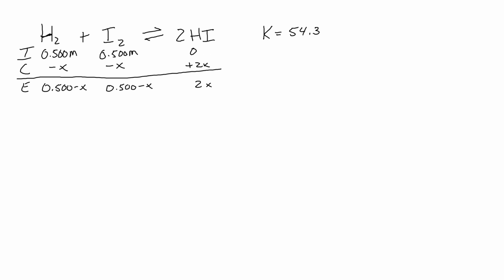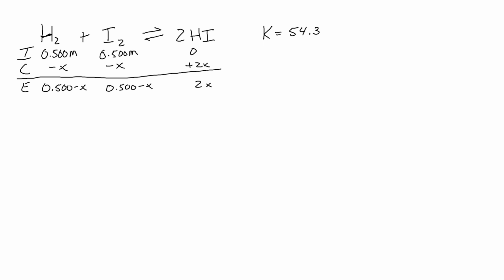Kind of show this last example we did using the quadratic formula instead of the square root, as some of you did ask for it. So let's see if we can do it. Picking up here with our ice table, and remember at this point we're going to put it into our K expression.